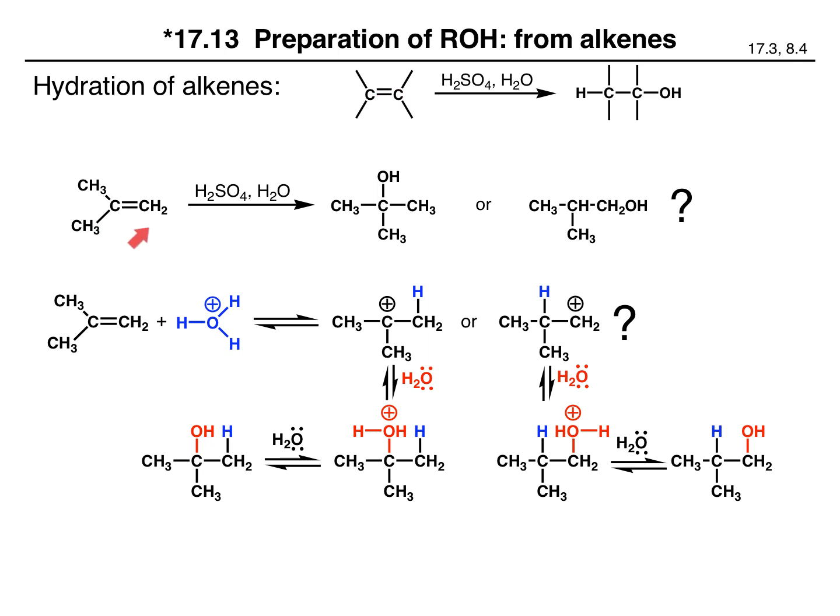If we're starting out with an unsymmetric alkene and we treat this with sulfuric acid and water, we could add the H here and the OH here, giving us the first product, or the H here and the OH here, giving us the second product. Let's take a look at the mechanism to figure out what's going on.